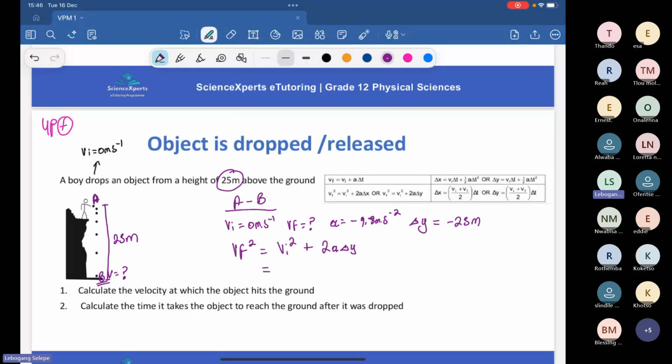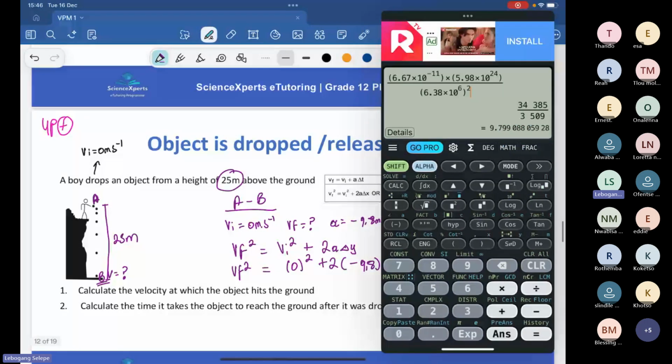Vf squared would then be 0 squared plus 2 times acceleration, negative 9,8, times change in y, negative 25, right? Let's put that in our calculators. Vf squared is going to be 2 times 9,8 times 25, which is 490.